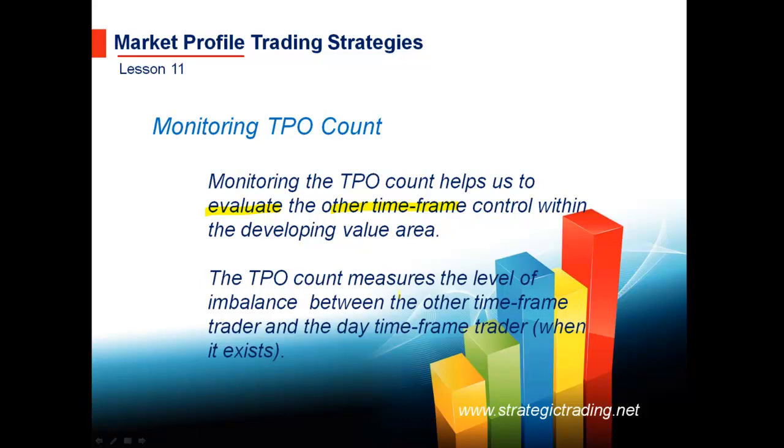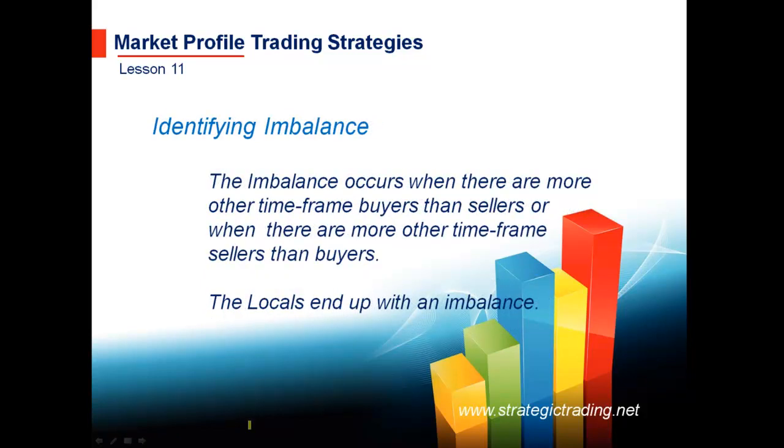How does it do this? Well, it helps us see the level of imbalance between the other time frame trader and the day time frame trader. Only when this imbalance exists. So if I see a balance, if my TPO count above and below fair price or the point of control is pretty much equal, then there really is no imbalance. So don't always assume that there is an imbalance.